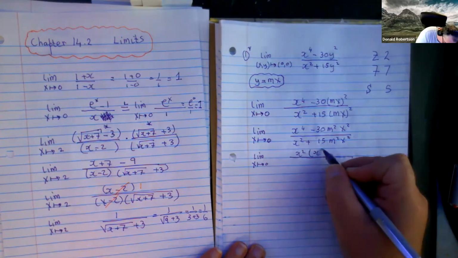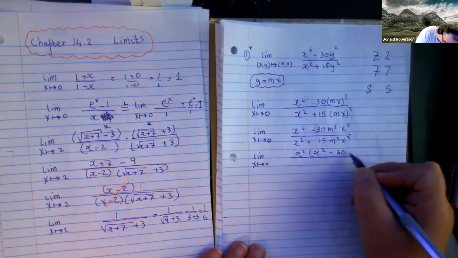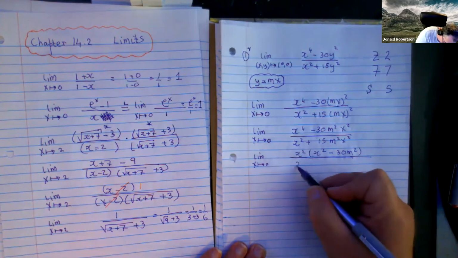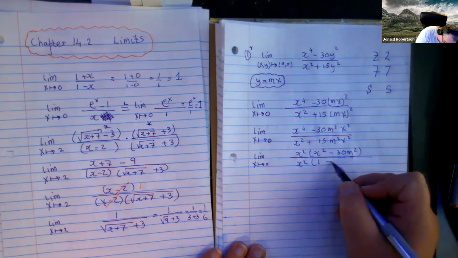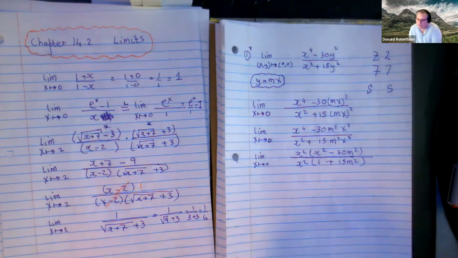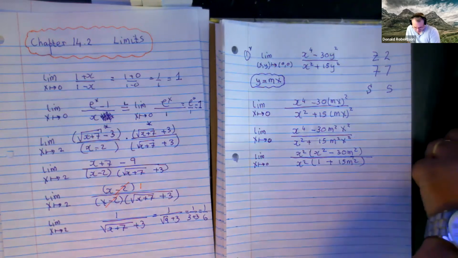Now that leaves me with x squared take away 30 m squared, and taking out an x squared here leaves me 1 plus 15 m squared. Are we good so far? Right. Anything I could do to simplify this then?